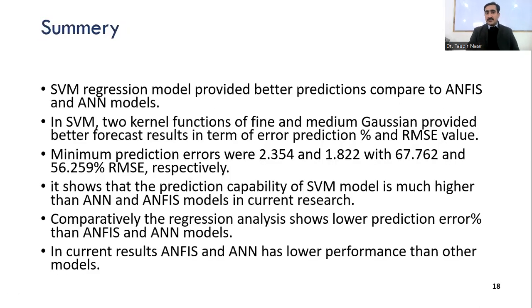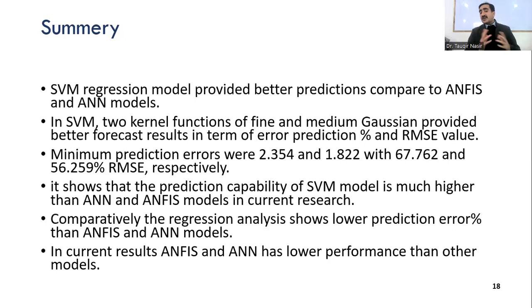At the end, in summary, I can say that the SVM regression model provided better prediction compared to the NFIS and ANN models. In SVM, we used 2 kernel functions, fine and medium Gaussian, which provided better forecast results in terms of prediction error and root mean square value. The minimum prediction error was 2.354 and 1.822, with root mean square values of 67.762 and 56.25.